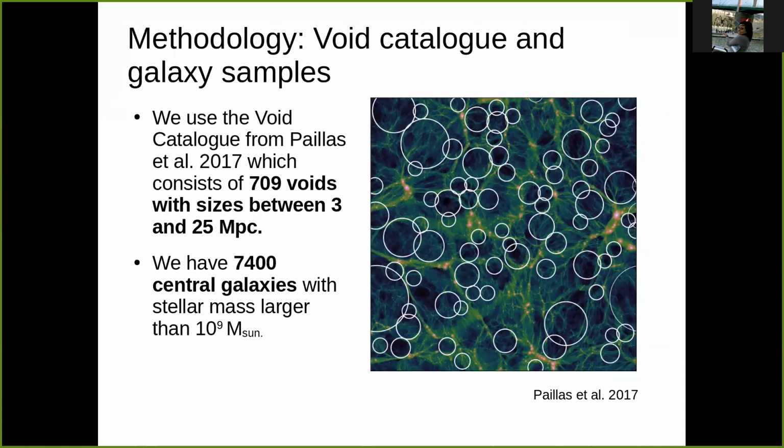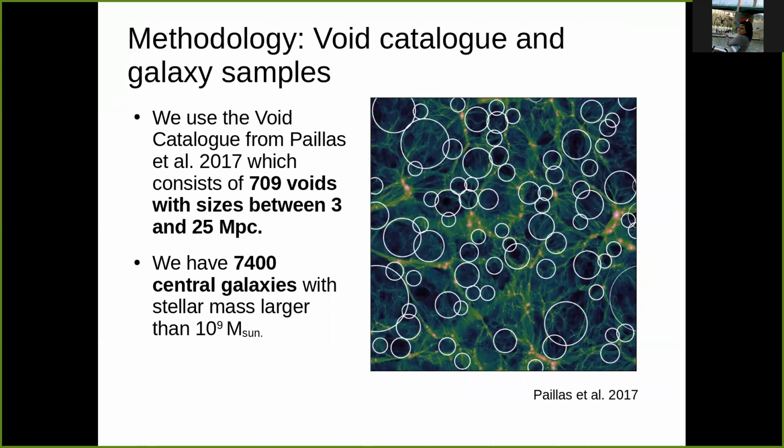We use the void catalog from Paillas et al. 2017, which is based on identifying spherical underdensities in a galaxy distribution, and the voids are characterized by the center and the size.